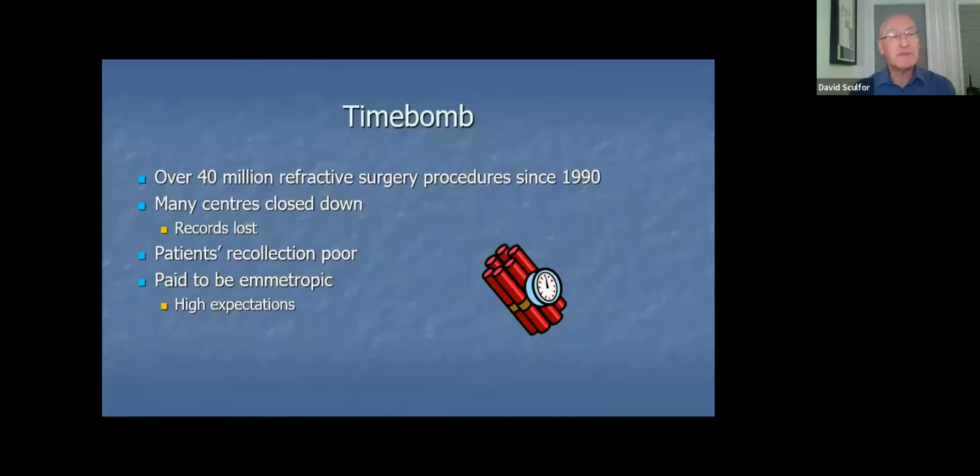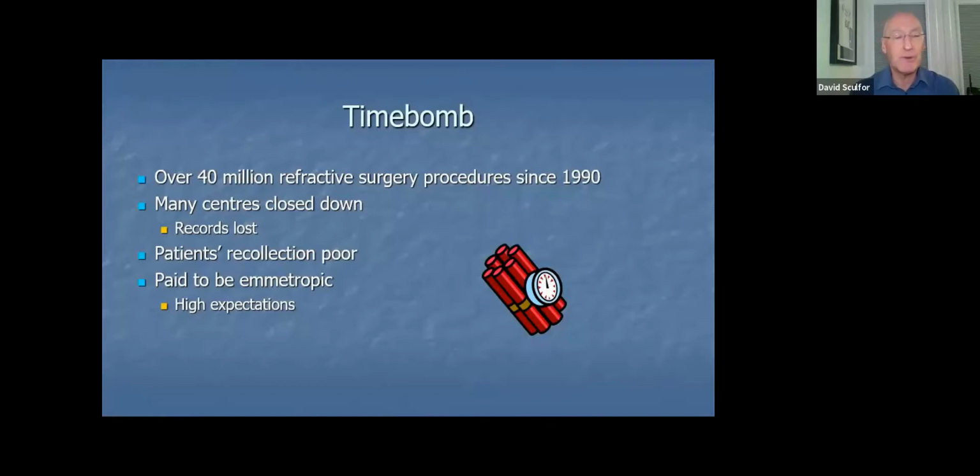But it's worse than that because patients' recollection is poor. The one thing you have to know to do these calculations in post-refractive surgery patients is whether the patient was previously myopic or hypermetropic. And without that information, you cannot make even a good stab at the calculations. And patients' recollection is very poor. You can say to them, well, could you see to read without your glasses on?